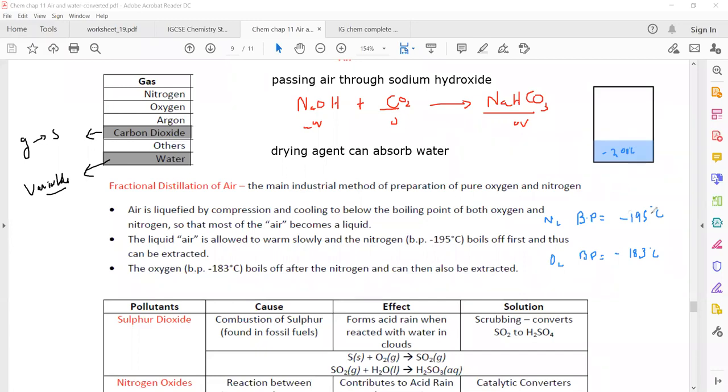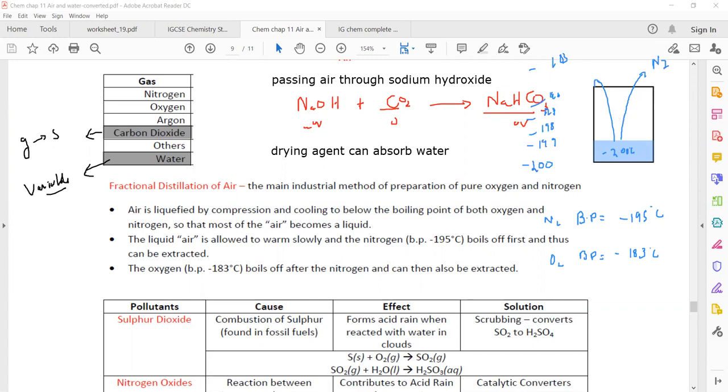Nitrogen will, because when it becomes warm, its temperature goes from minus 200 to minus 199, then minus 198, minus 197, minus 196, and so on. When it reaches minus 195, nitrogen will escape from the sample. So first nitrogen will escape, and once it reaches minus 183, then the oxygen will also escape.